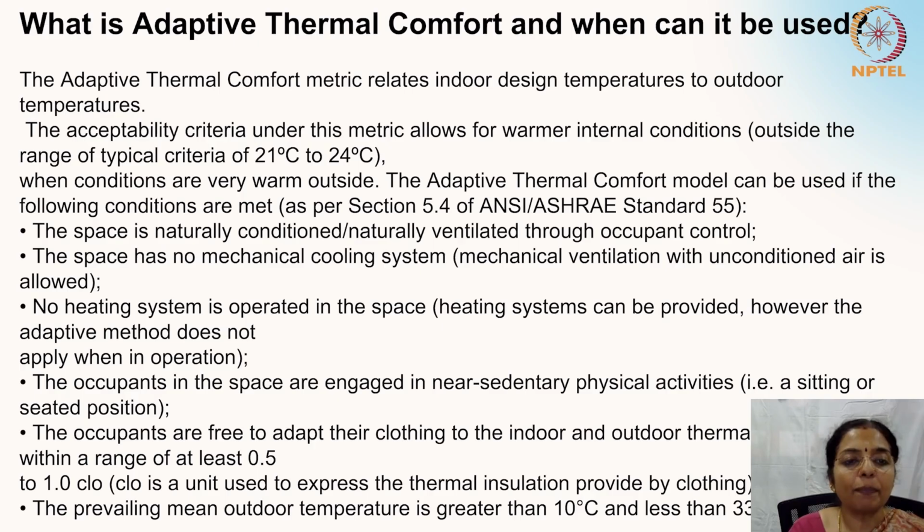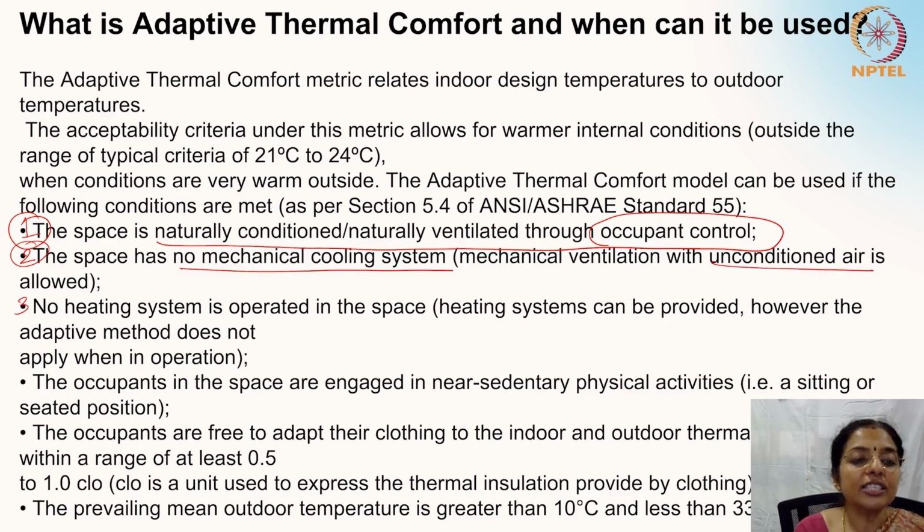The space is naturally conditioned or naturally ventilated through occupant control. So, naturally ventilated with occupant control. Second is the space should have no mechanical cooling system. So, it should be an unconditioned air environment.